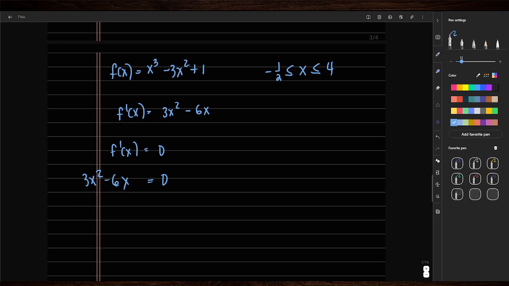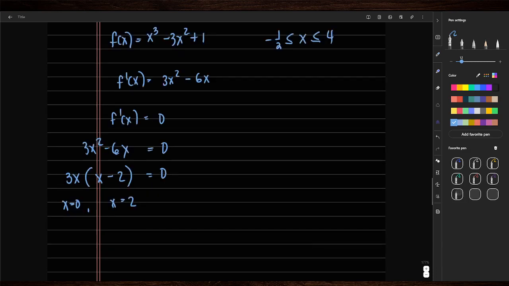So this becomes 3x times (x minus 2) equals 0. So you have two values here, x equals 0 and x equals 2.